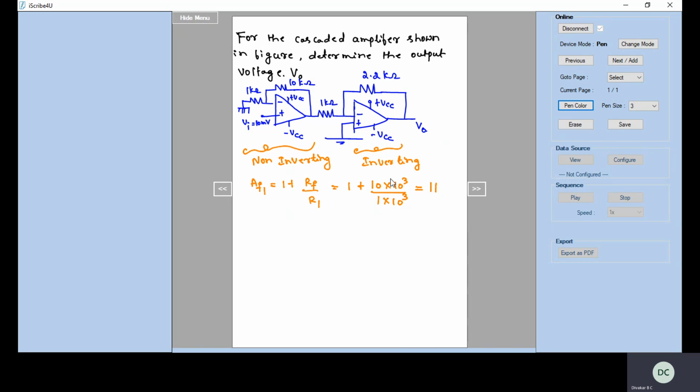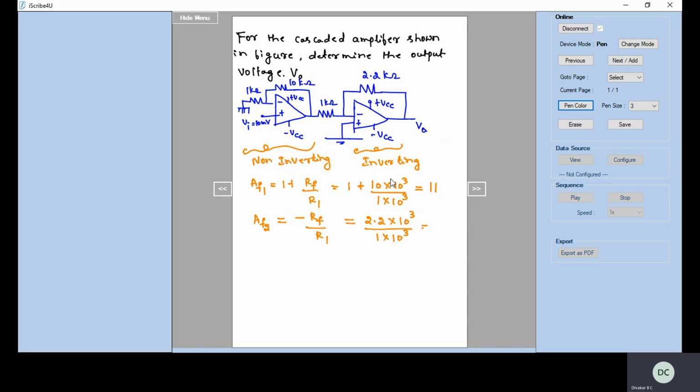Similarly, the gain of the second stage is AF2. That is the inverting operational amplifier, so it is -RF/R1. The feedback resistance RF is 2.2 kilo ohm, that is 2.2 × 10^3, divided by R1, which is 1 kilo ohm.